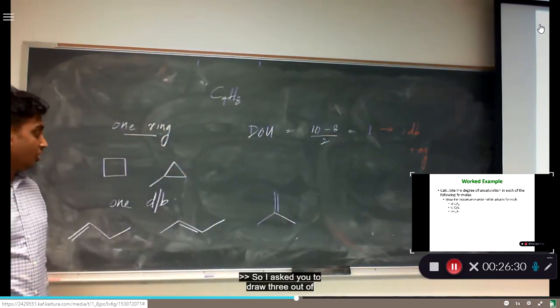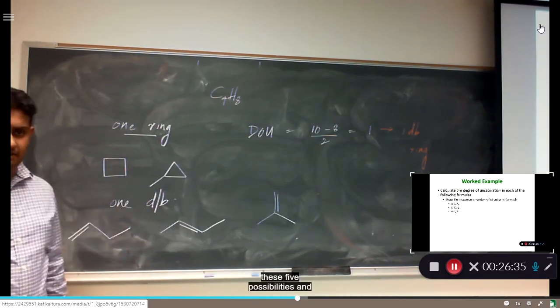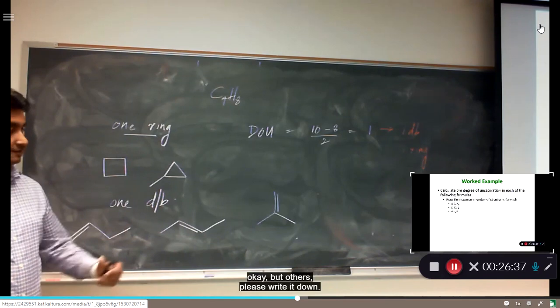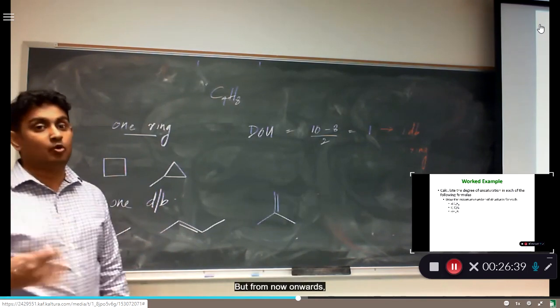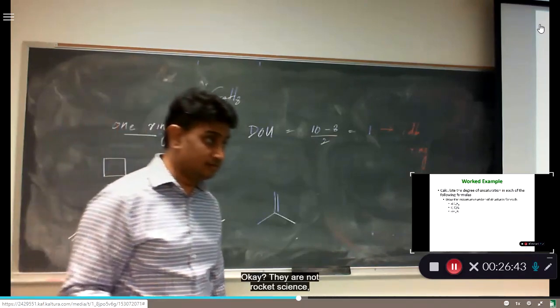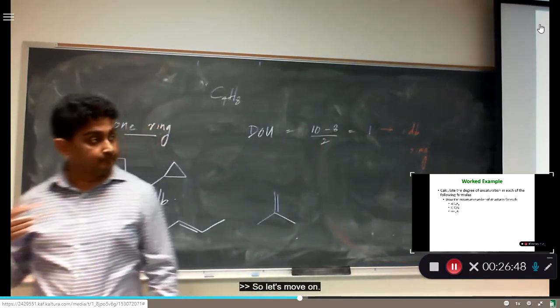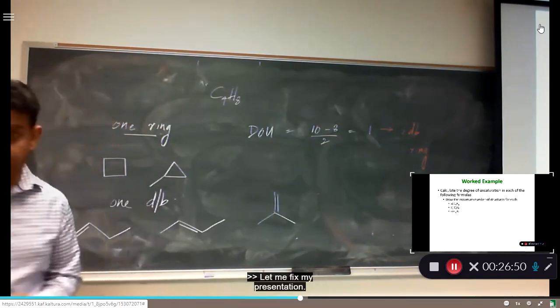So I asked you to draw 3 out of these 5 possibilities, and few people did that, okay? But others, please write it down. From now onwards, you get the idea, right? This is how you do it. It is very easy, okay? They are not rocket science. Alright, so let's move on. Let me fix my presentation.